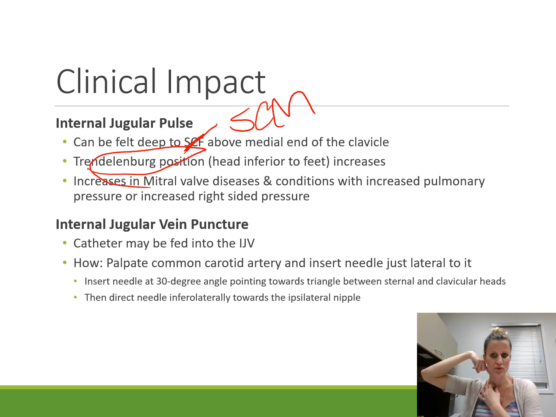So remember, the two sternal heads have a little fossa between them. So you insert the needle pointing towards that fossa, and then turn the needle down towards the ipsilateral nipple. Ipsilateral is on the same side. So the needle goes in and then gets pointed down to feed into the internal jugular vein.